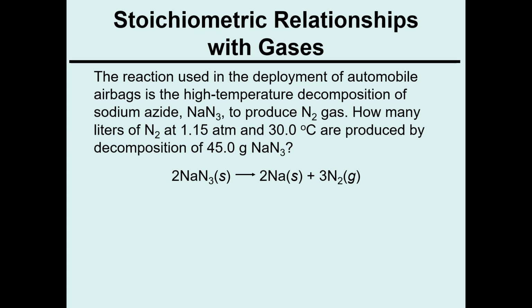So we've got an example problem here. The reaction used in the deployment of automobile airbags is the high temperature decomposition of sodium azide, NaN3, to produce N2 gas. And we want to know how many liters of N2 at 1.15 atm and 30 degrees Celsius are produced by the decomposition of 45 grams of NaN3.